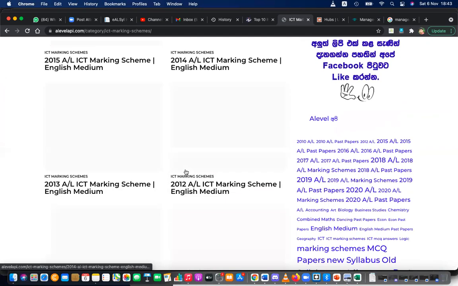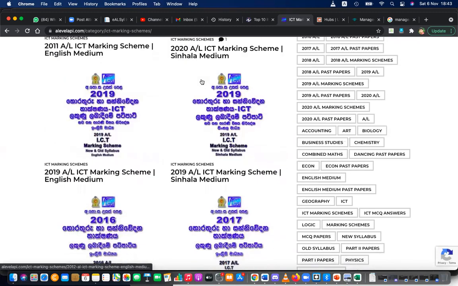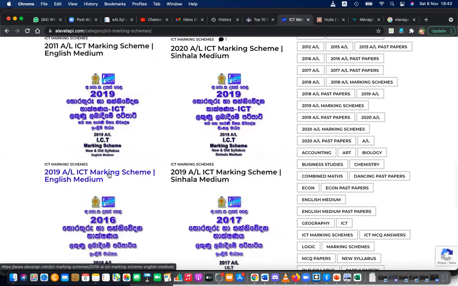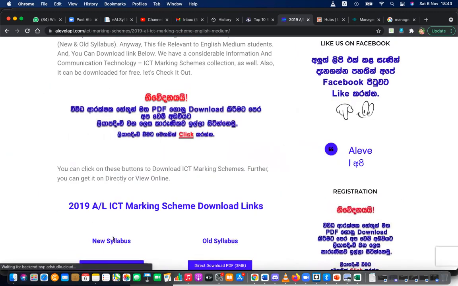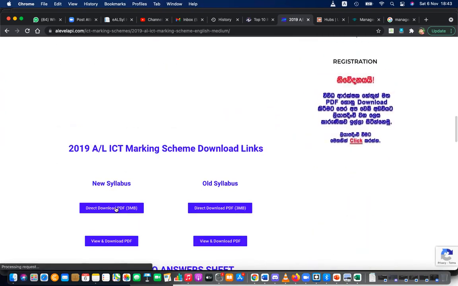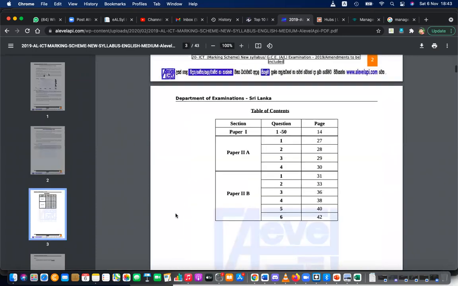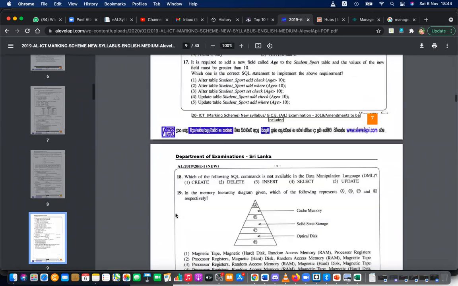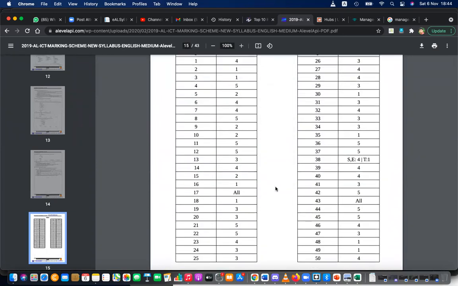I need the English medium. 2019 English medium, new syllabus. MCQ questions. Let's go to the MCQ questions. Okay, here are the answers.